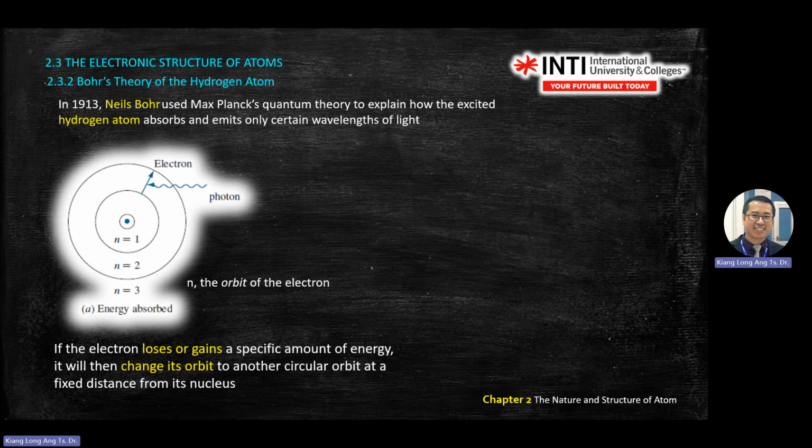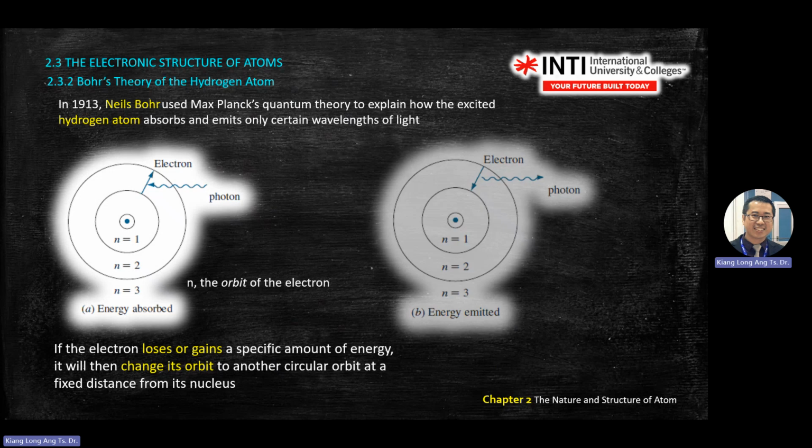It means you press on the pedal, you give more fuel, more power, then the electron will jump from 2 to 3. Same, if you want to change n from 3 to 2 or 2 to 1, you release energy.